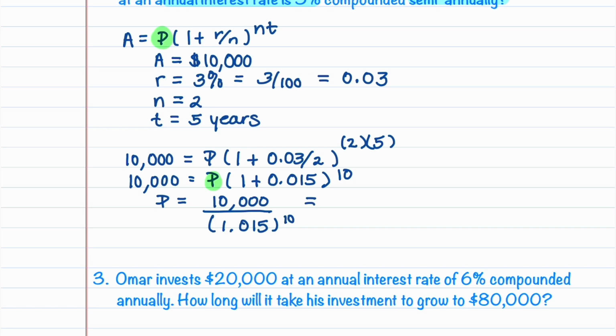Now you can put that in your calculator, and what you end up with for an answer is $8,616.67. And that's the amount that Maya needs to invest now to get $10,000 in 5 years.